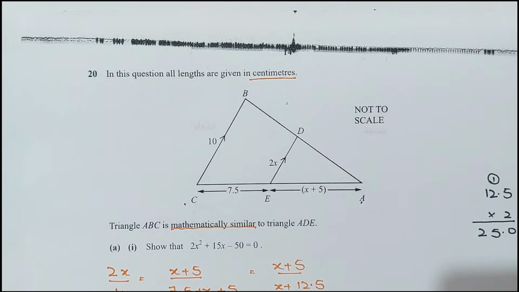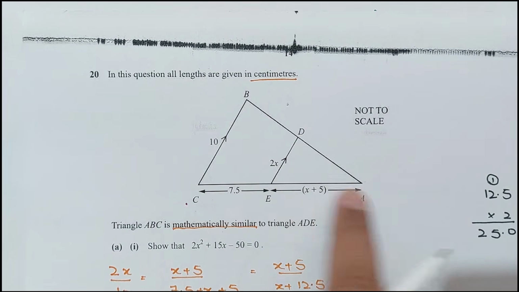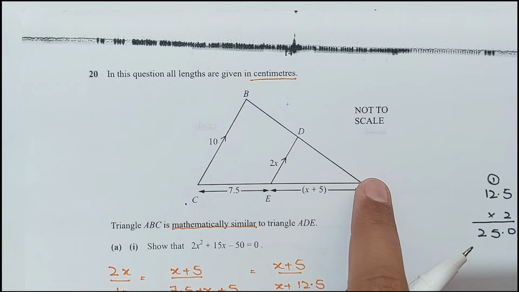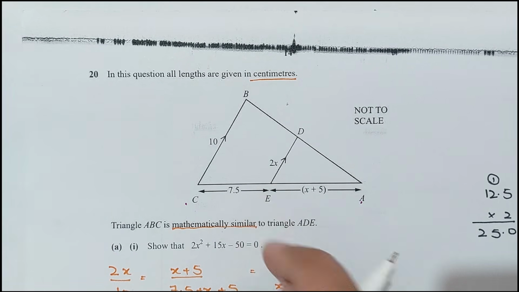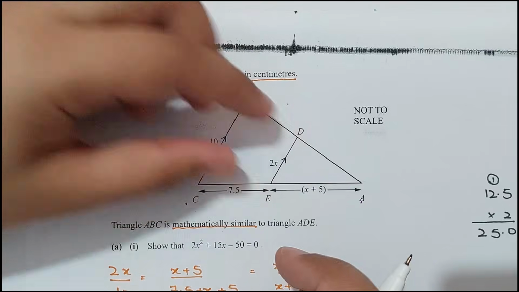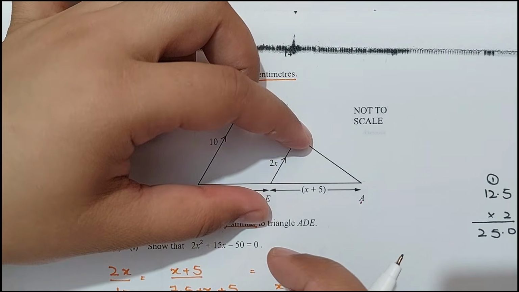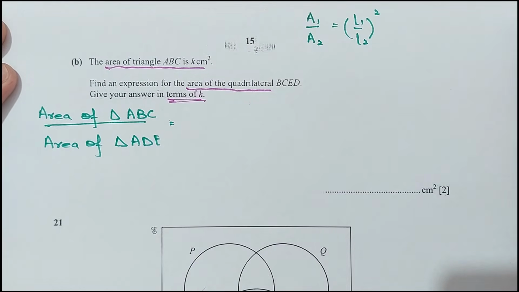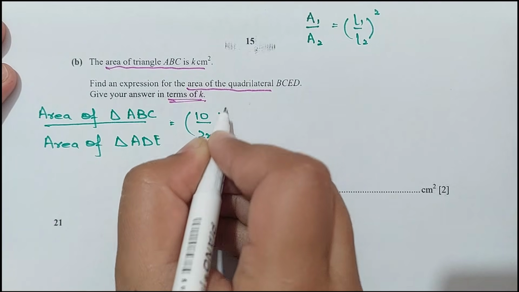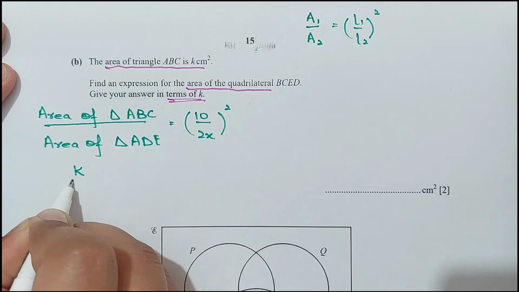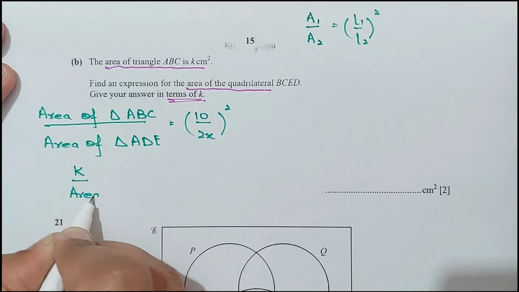The area of triangle ABC is k. We have to find the area of ADE. The length of the bigger one and the length of the smaller one are 10 and 2x. The ratio is 10 over 2x, and its whole square. So this area is k. This area we have to work on.